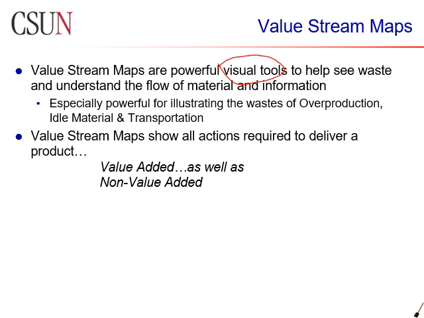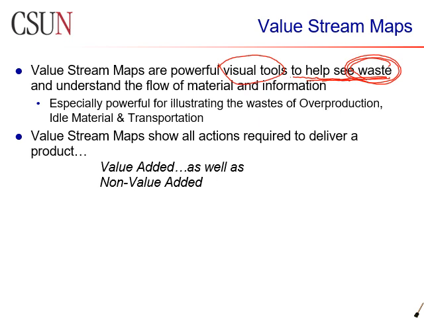When we do that, it helps us see waste. We will see every process, and then we can classify each process as either a value-adding activity or a non-value-adding activity.